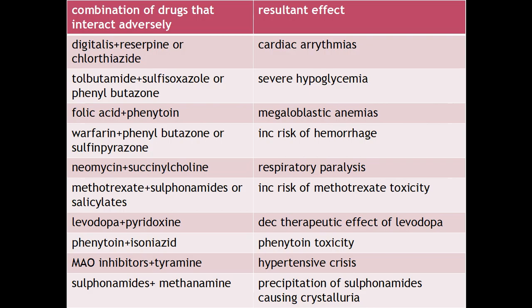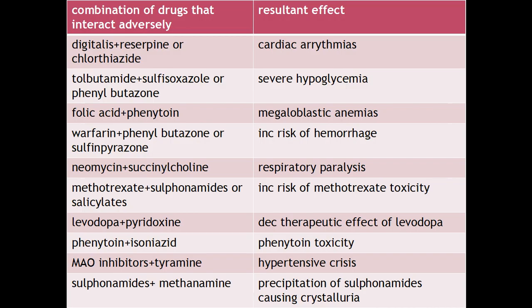Digitalis plus reserpine or chlorothiazide when given together results in cardiac arrhythmias, irregular heart rate. Then tolbutamide along with sulfasalazole or phenylbutazone leads to severe hypoglycemia. Then folic acid given with phenytoin leads to megaloblastic anemia.